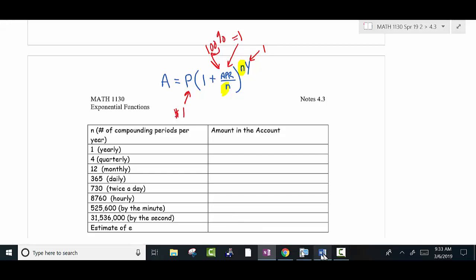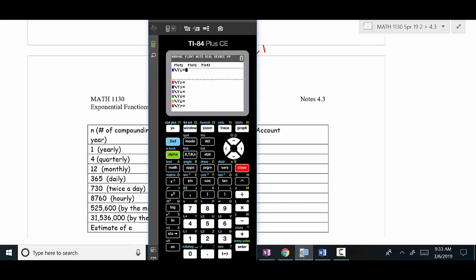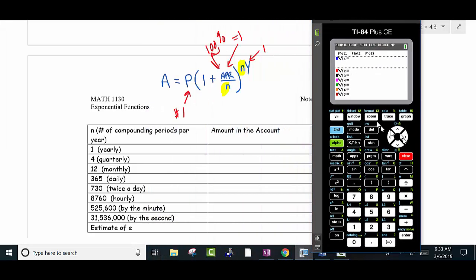So I want you to put this in your calculator. Of course, Euler did this by hand, which back in the 1700s was kind of a mess. But with a calculator, we can figure out this concept of e pretty quick. Let me show you what I want you to put in.